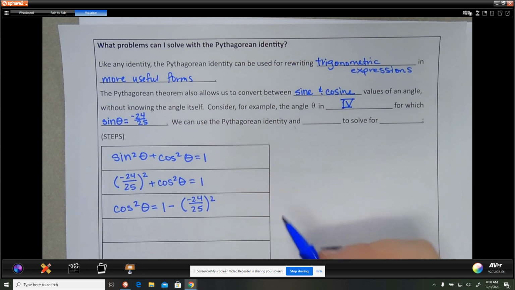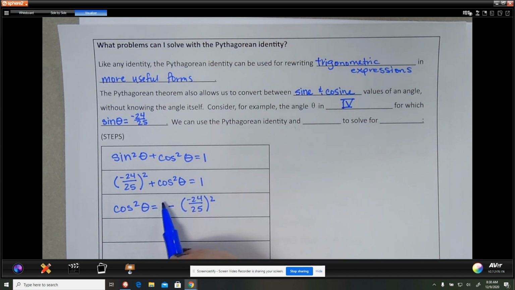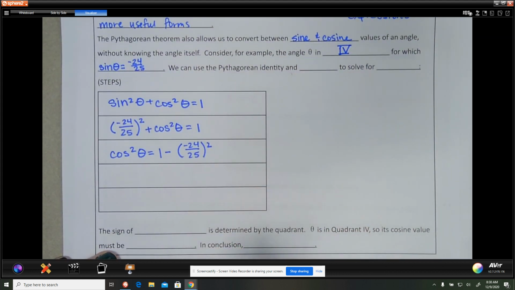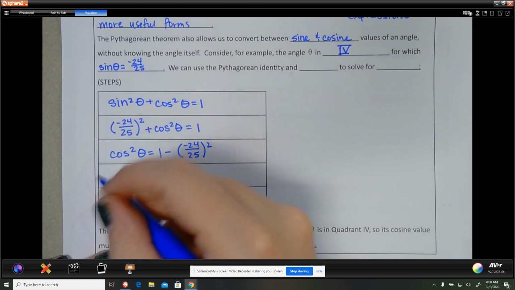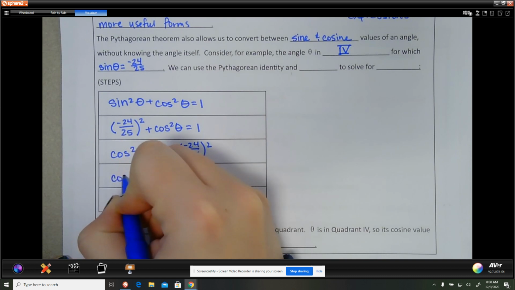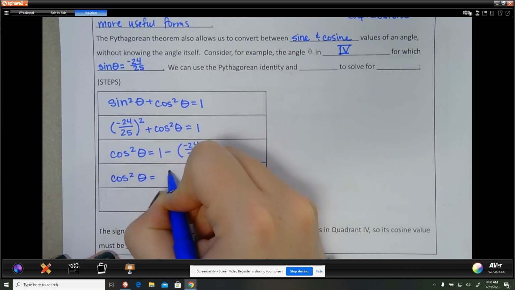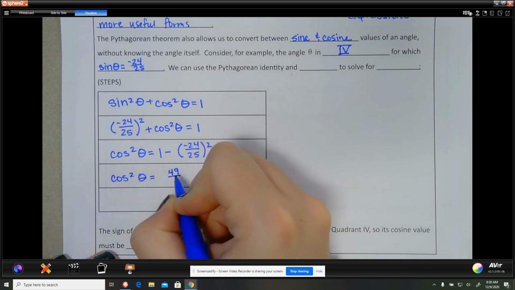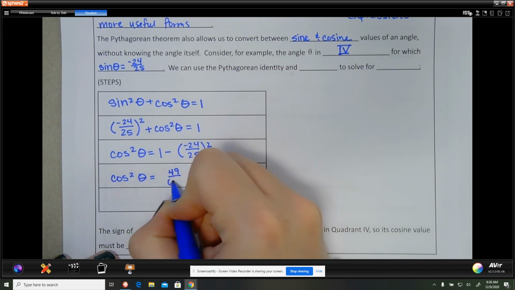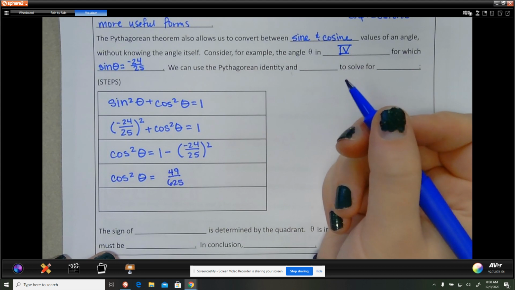And when we solve that, we can square this. So square this, make this a fraction so we have a common denominator. And then we would have cosine squared theta is equal to 49 over 625.